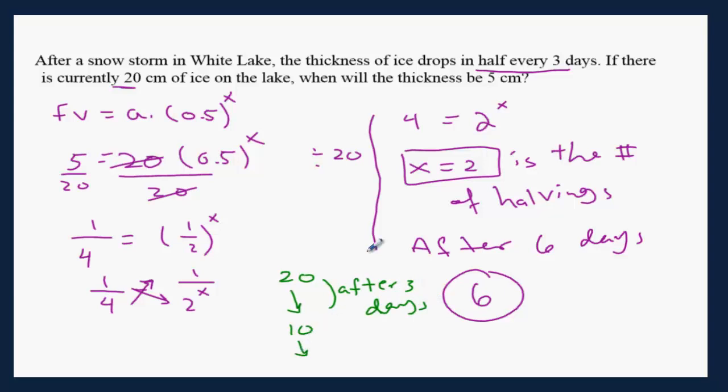After another 3 days, the thickness will be 5. So we go from 20 to 10, then 5. Therefore, the thickness of the ice goes down from 20 to 5 after 6 days: 3 days plus 3 days. Works well.